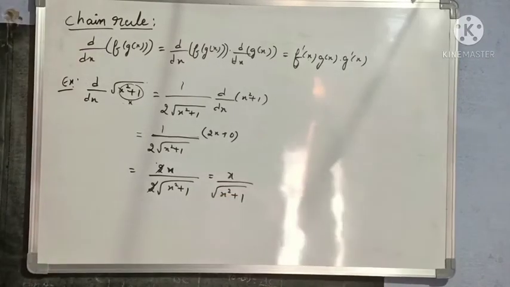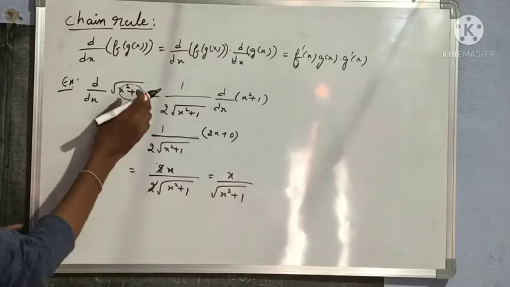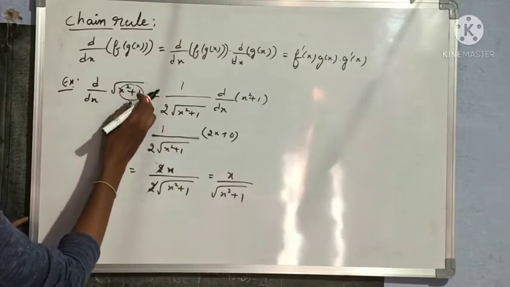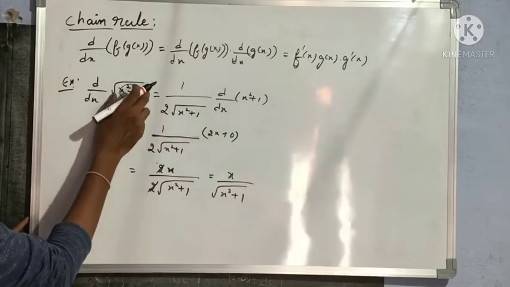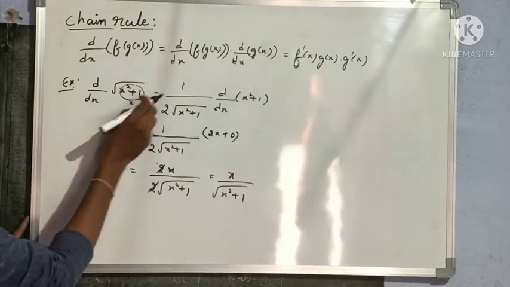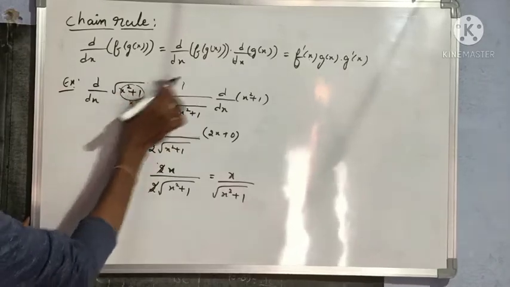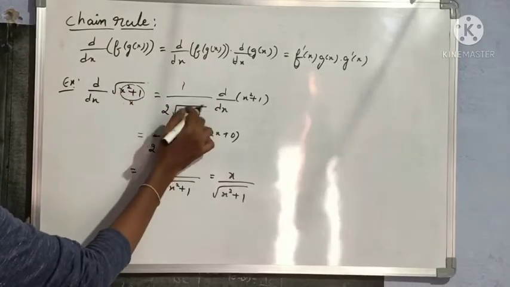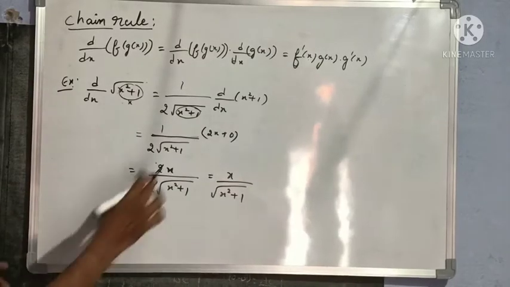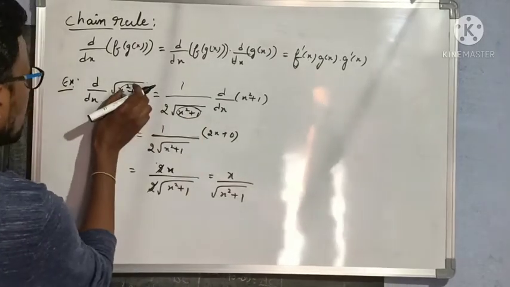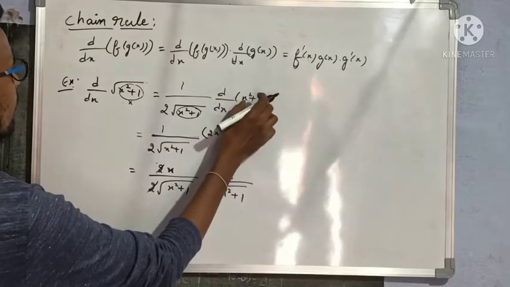So this is chain rule. Very important. First try to understand whatever is given in the root, that one you have to take as a single element, that is x. Then you have to take d by dx of that single element, that is square root of x, which is 1 by 2 root x. So whatever the element is there, I am writing as it is in the square root. Then again I have to differentiate that element, that is d by dx of that function, x square plus 1.